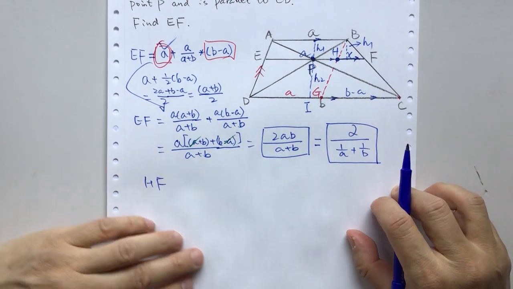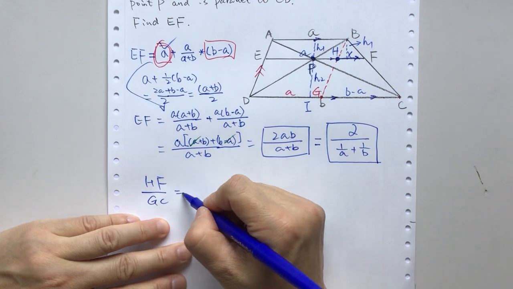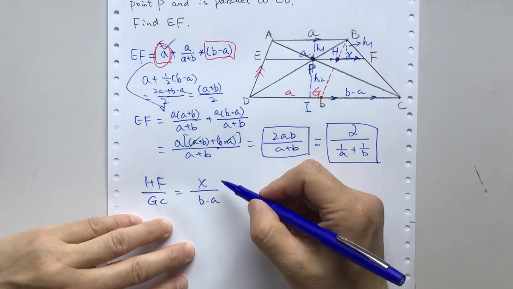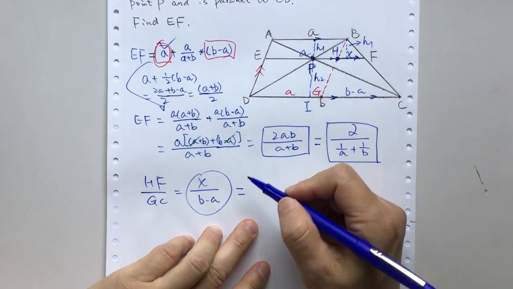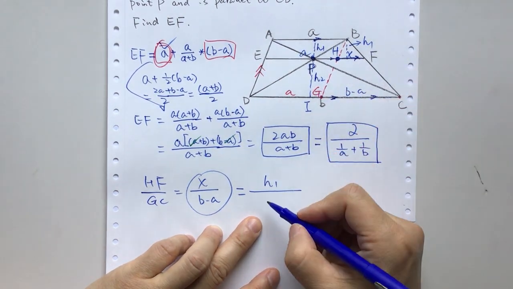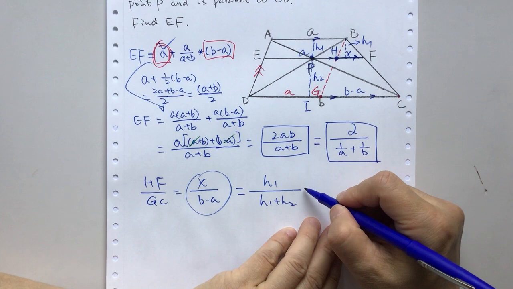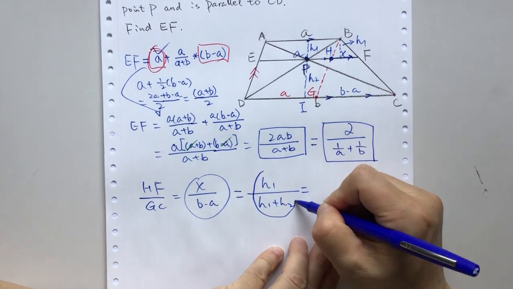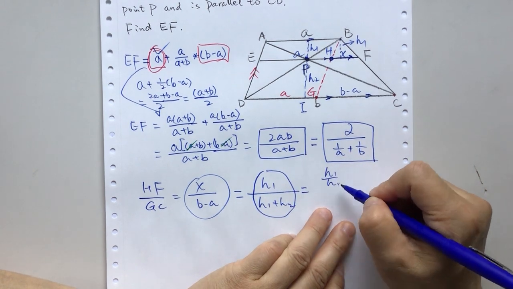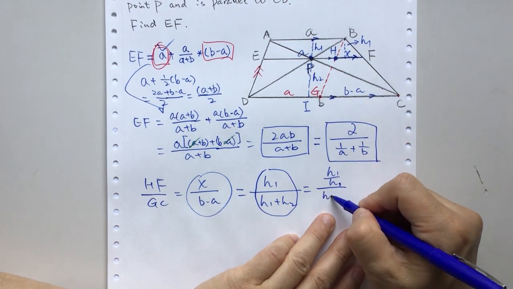So we get HF over GC, which is X over B minus A. This ratio equals H1 over the total height, H1 plus H2, correct? We divide the top and the bottom by H1, because I want to easily find the final answer.